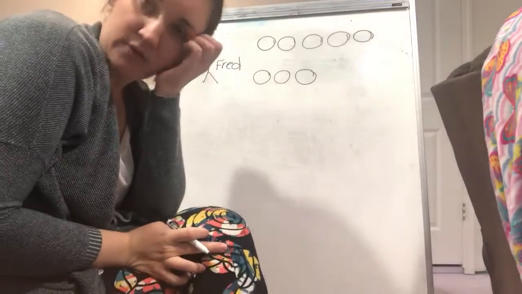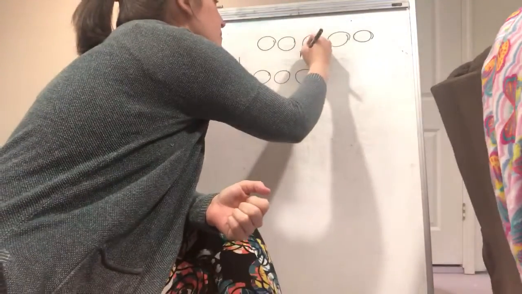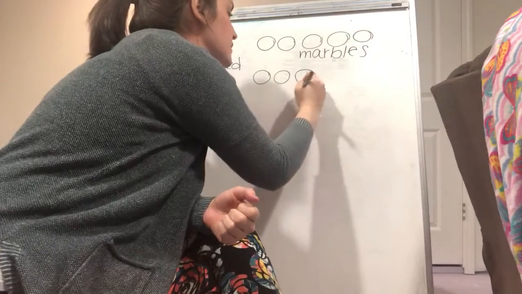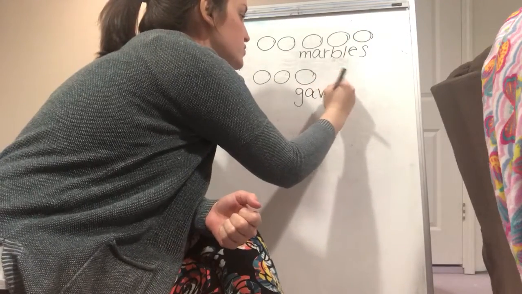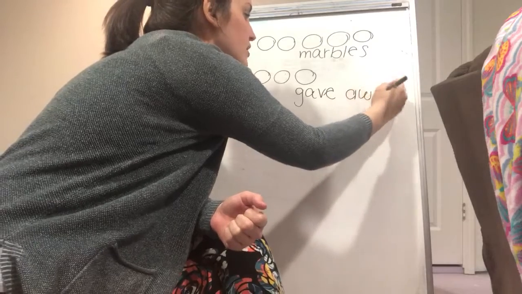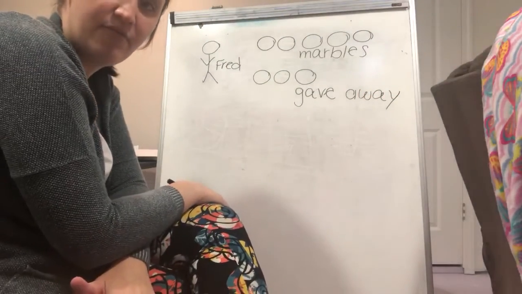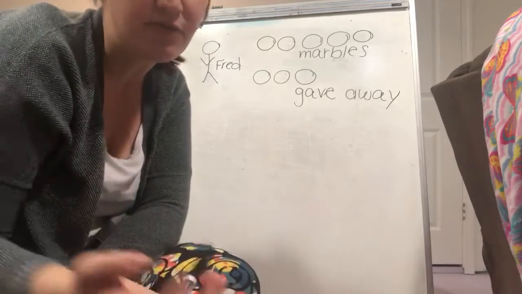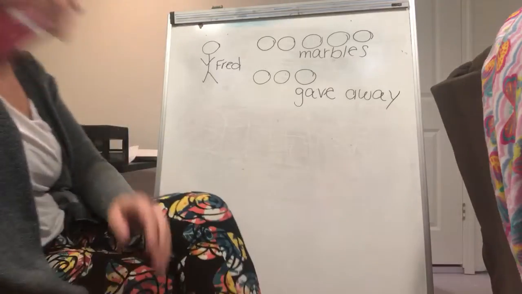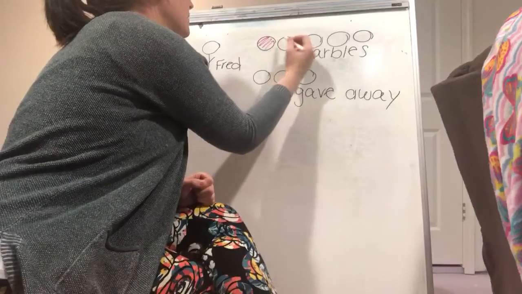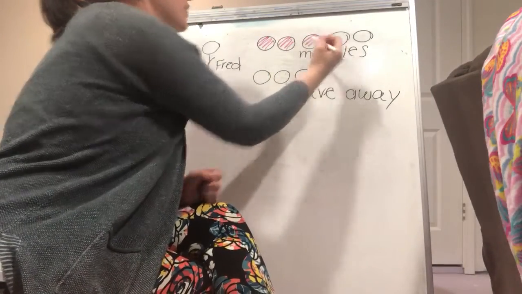We need to think about how to write this in fraction form. So he had 5 marbles, and he's going to give 3 away. How many does he have left? But in fraction form, okay? So he gave 3 away. 1, 2, 3.